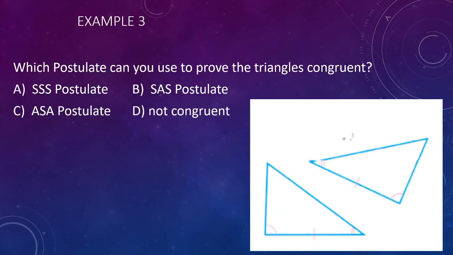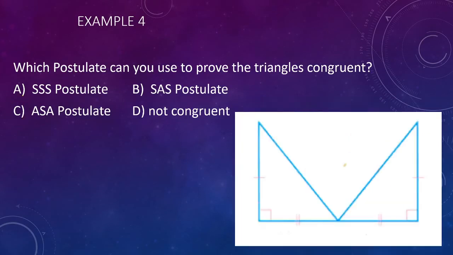SAS. What about this? If I'm going to have this congruent to this, and this one congruent to this one. What? Angle side angle. Okay, this is angle side angle. Let's have another one.